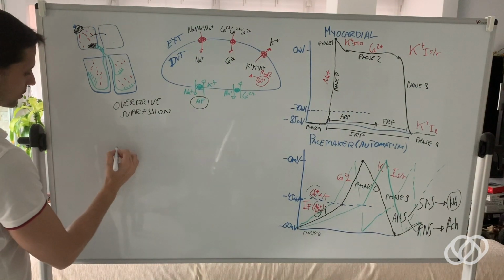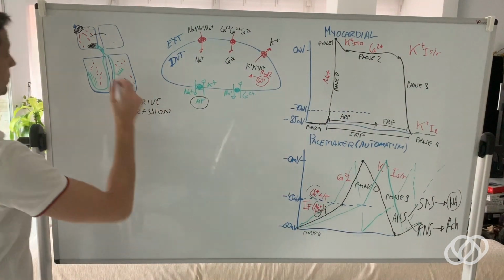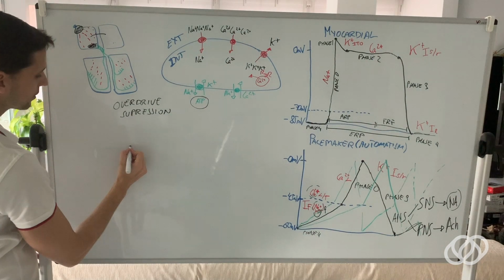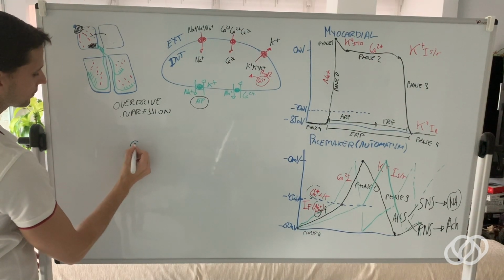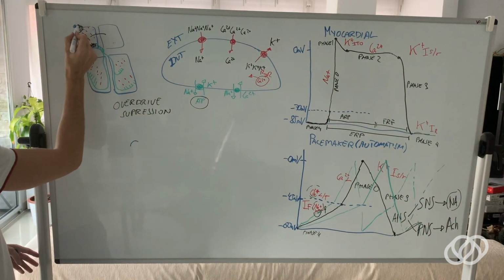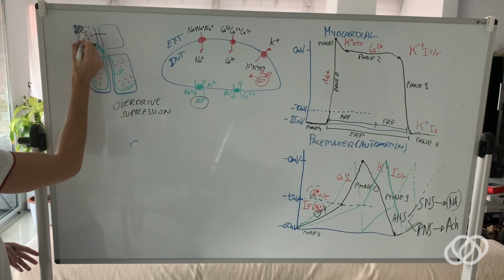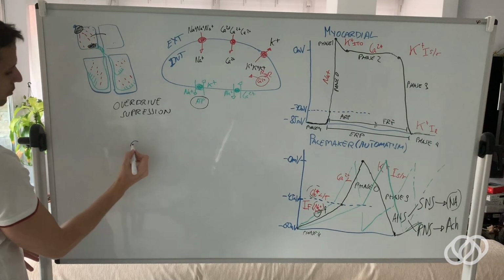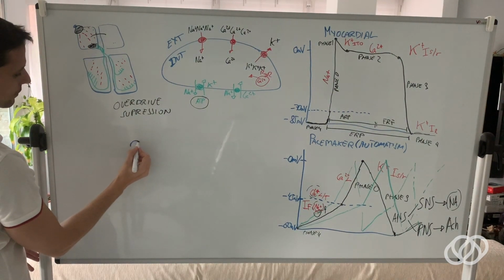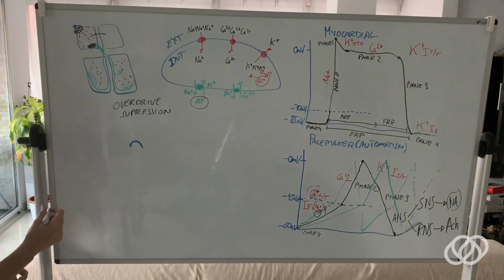So we initiate with the P wave. This impulse will go from the sinus node to the myocardium of the atrium. That is what we see in the surface ECG with the P wave.